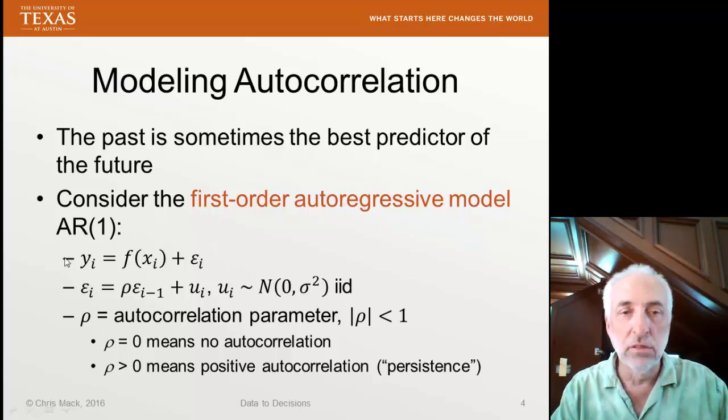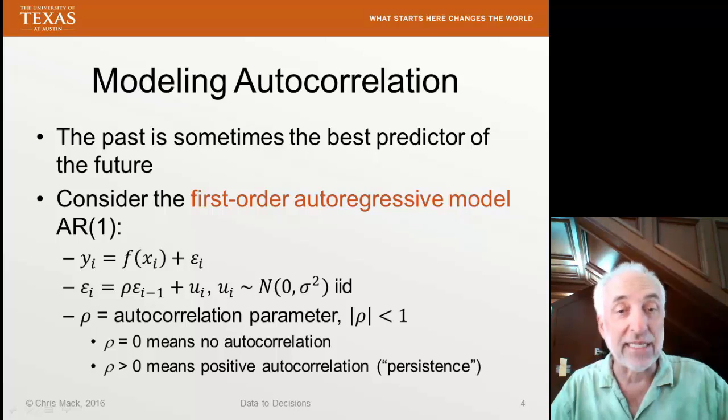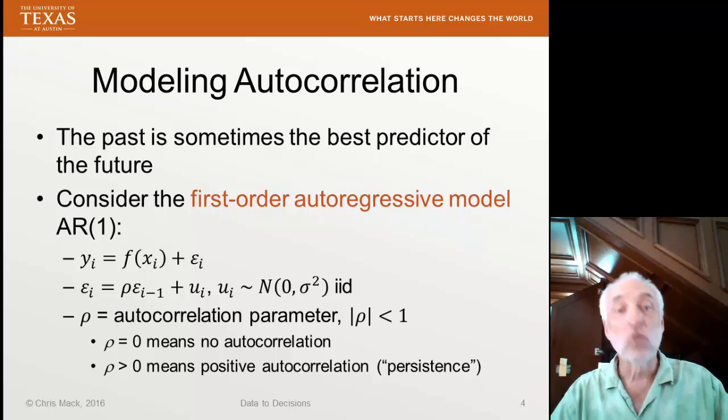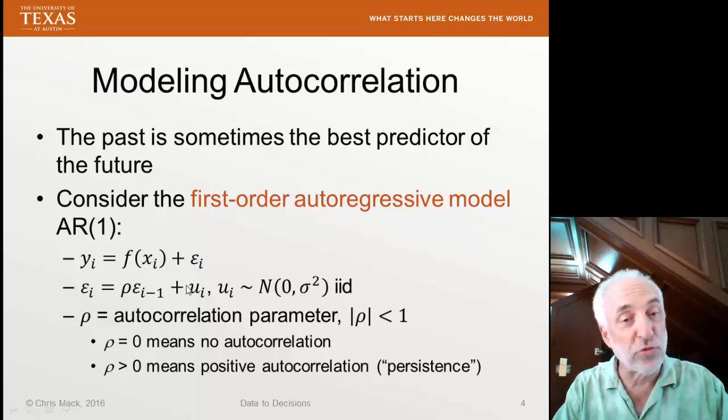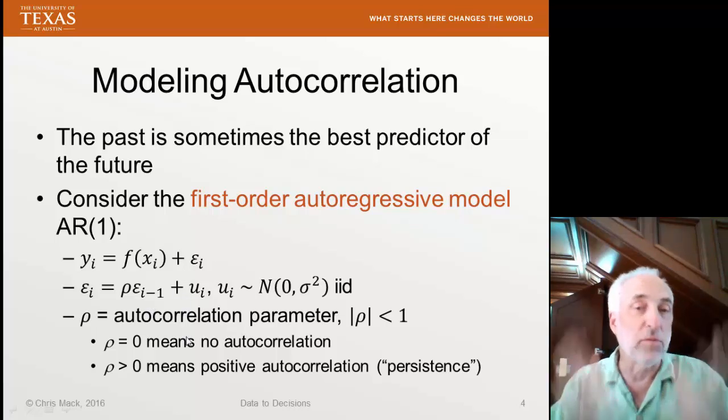Our original model, our normal model, begins with this equation: y_i equals some function of the x_i's, that's the equation, plus a random variable, epsilon_i, the residual. But instead of assuming this random residual is normally distributed IID, independent and identically distributed for every i value, we'll assume that epsilon_i is some function of the previous residual plus a random component.